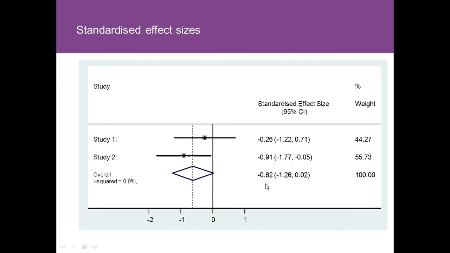And here you can see that overall it's a 0.62 standardized effect size difference between intervention and control conditions, but it doesn't quite reach statistical significance because the 95% confidence interval goes over that null value just by a little bit, 0.02. So we are not 95% confident that there is a difference between the intervention and control conditions.